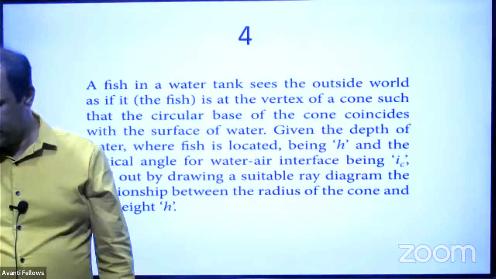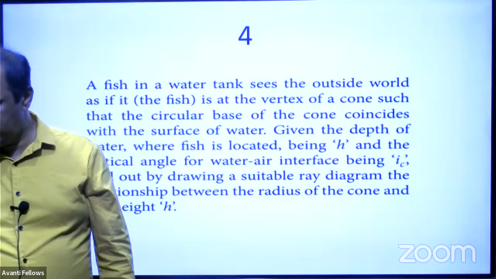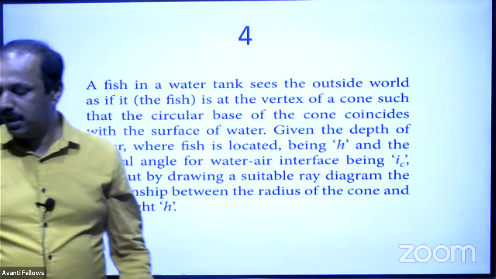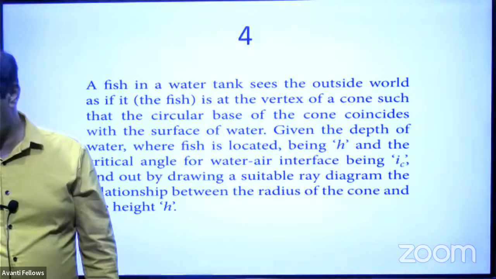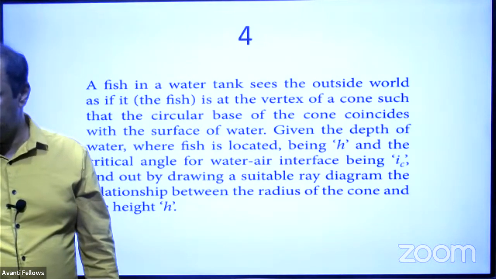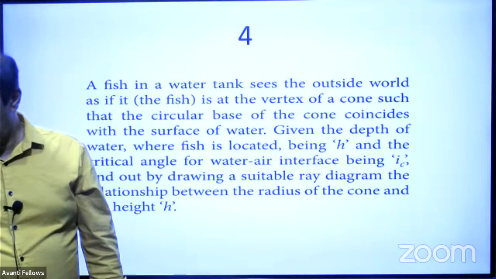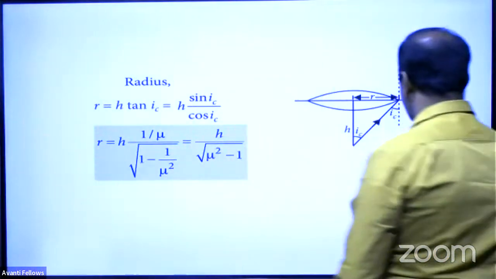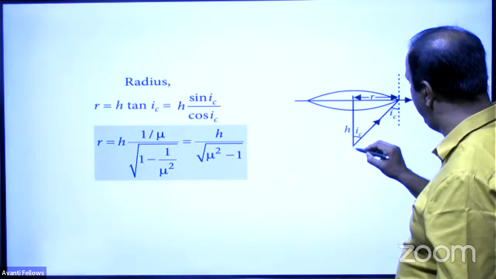Now, this is a little bit time-consuming. A fish in the water tank sees the outside world as it is. The fish is at the vertex of a cone such that the circular base of the cone coincides with the surface. Okay, I'll explain like this. So the thing is, this fish is here.